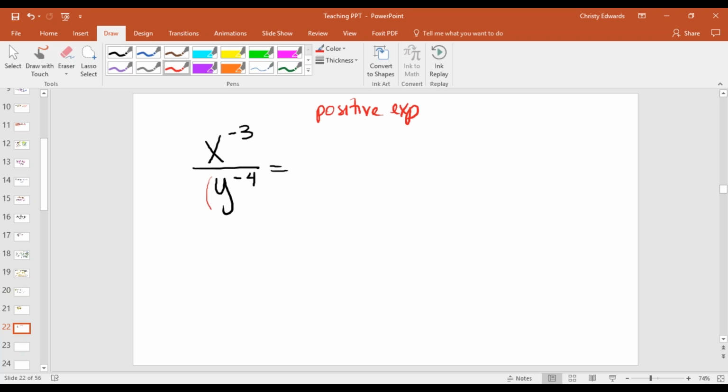Well, doesn't that mean that y to the negative fourth needs to come up into the numerator? Yeah, good. You got it. And doesn't that mean that x to the negative third wants to come down into the denominator? So in a case like this, they just switched places because they both had their negative exponents, so they wanted to cross the bar. They crossed the portal, met each other along the way.